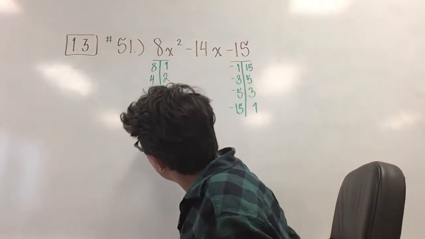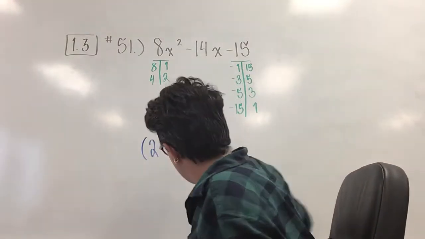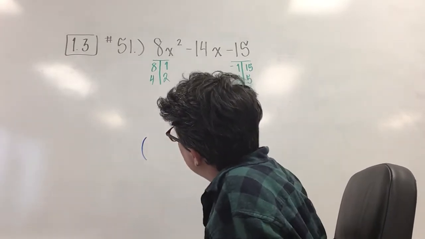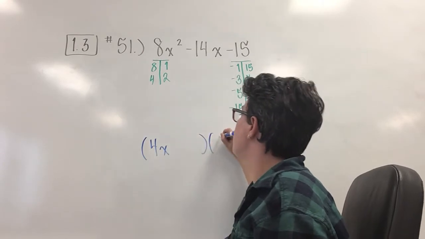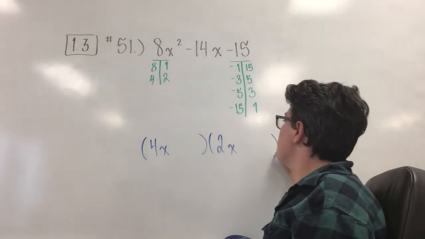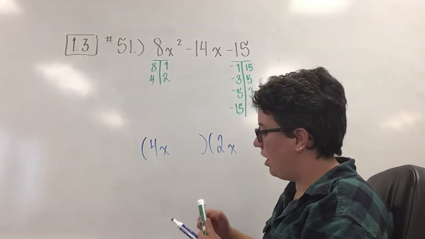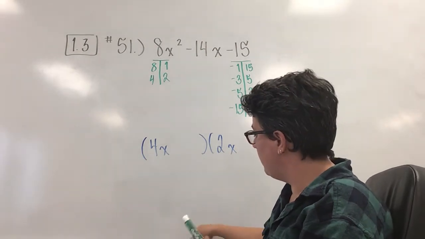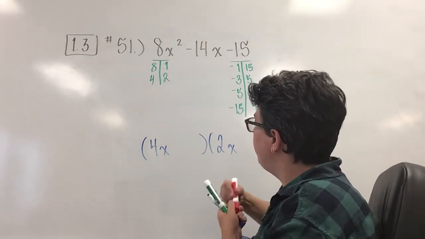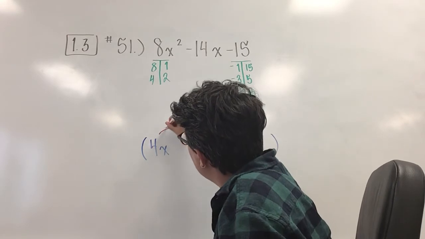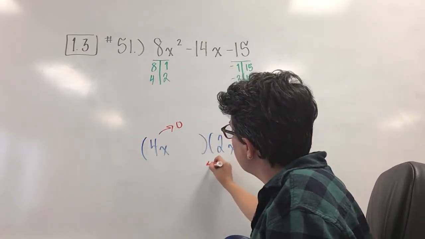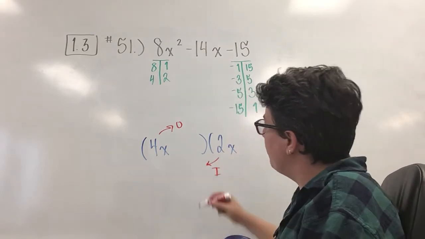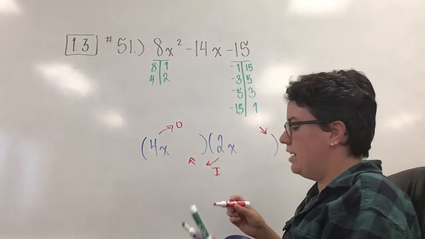So that means that we're going to end up with, let's use the same order that we did before, 4x on one side and 2x on the other. So that when we multiply together, our outer term is going to be 4 times this number, and then our inner term, so if I'm using FOIL, is going to multiply here.